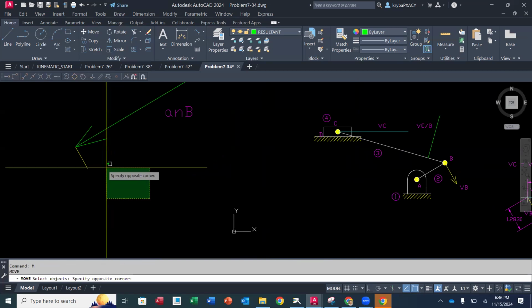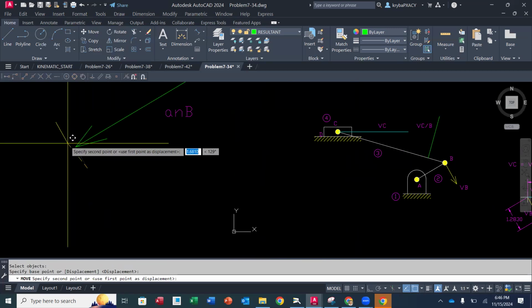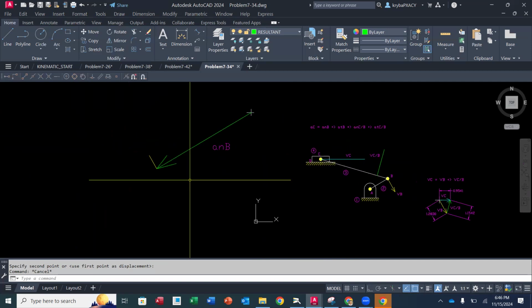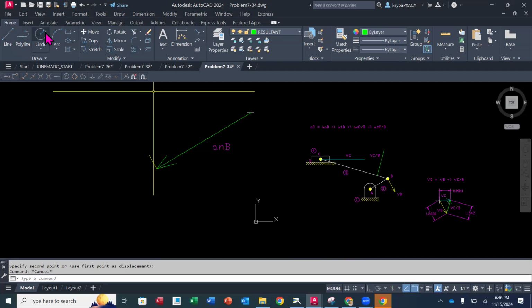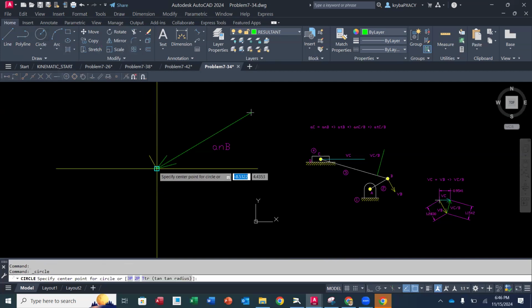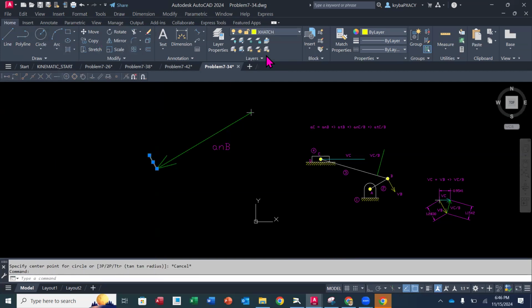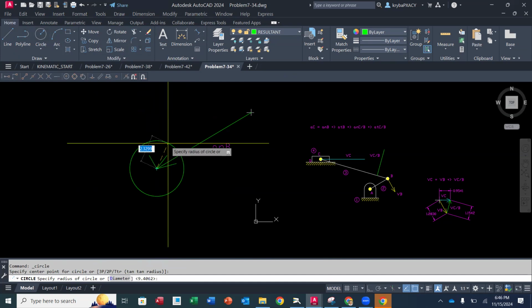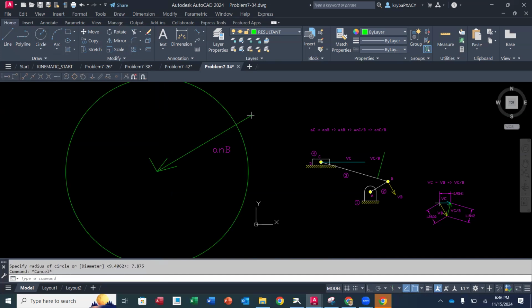So I'm going to move this so that it goes from here and it's going to go up. Its magnitude was 78.75. So that means, change this to resultant, that is going to be 7.875. 7.875 is the radius.